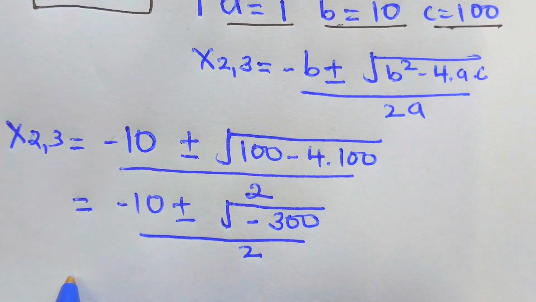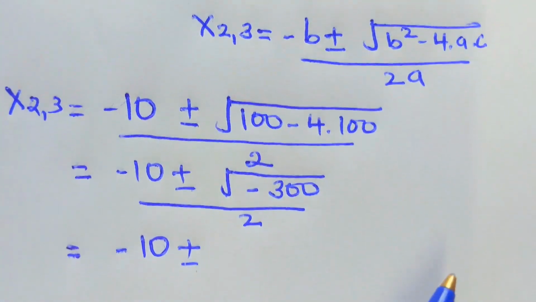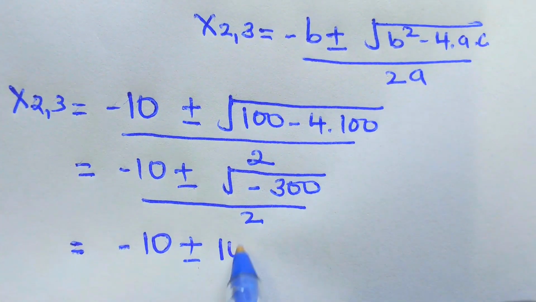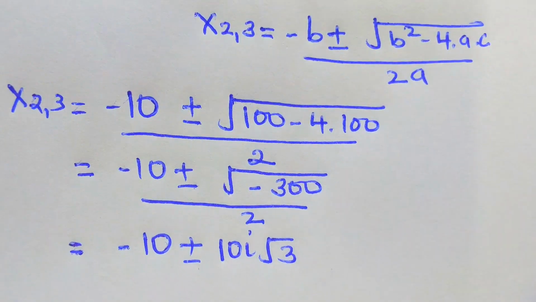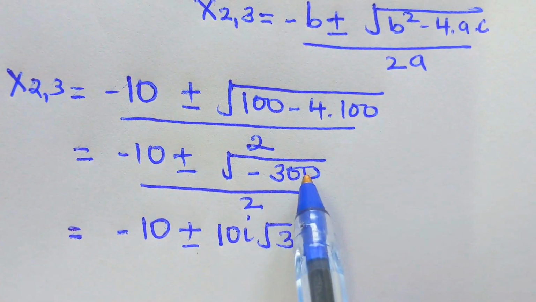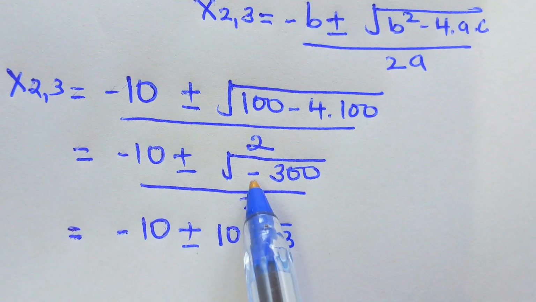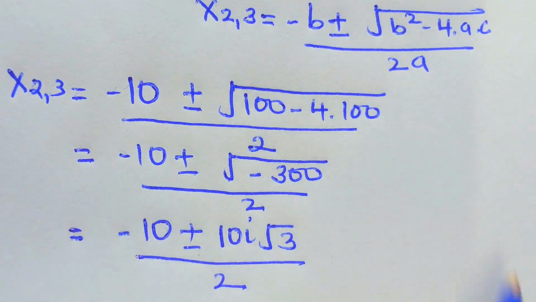And this will be negative 10 plus or minus 10i square root of 3, because this is 100 times 3, the square root of 100 is 10, and the square root of negative is i, over 2.